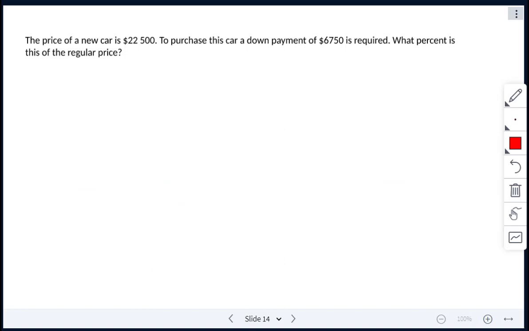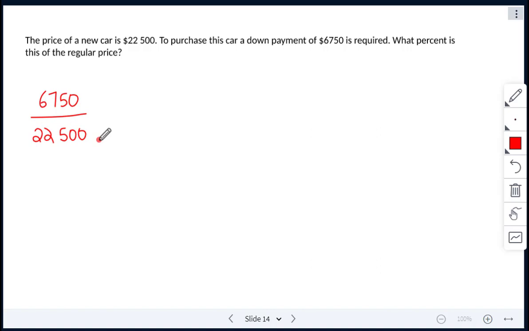All right, so looking at our next example, we know that the price of a new car is $22,500. A down payment is required of $6,750 to purchase this car. What percent is this of the regular price? So all we're going to do, we can just take our $6,750 and we can just divide that by 22,500.